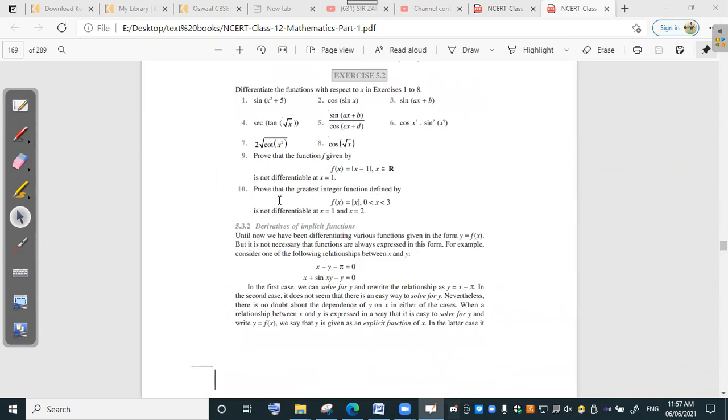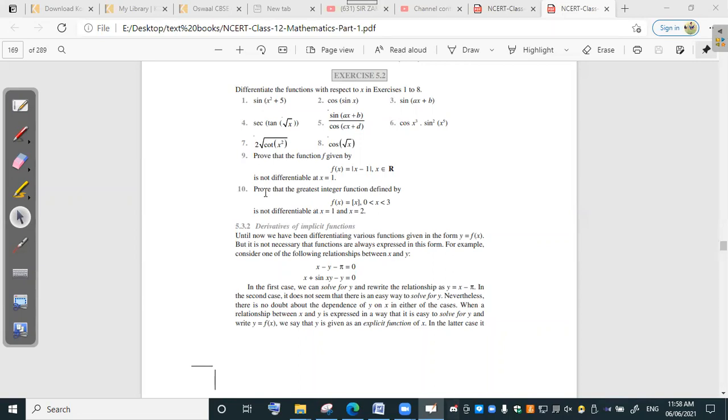You can find here a question: prove that the function is not differentiable at this point. Only these two questions are based on differentiability. Then differentiation starts. So we are not focusing more on differentiability, because the textbook gives very few questions. So we can take these two questions to check the differentiability.